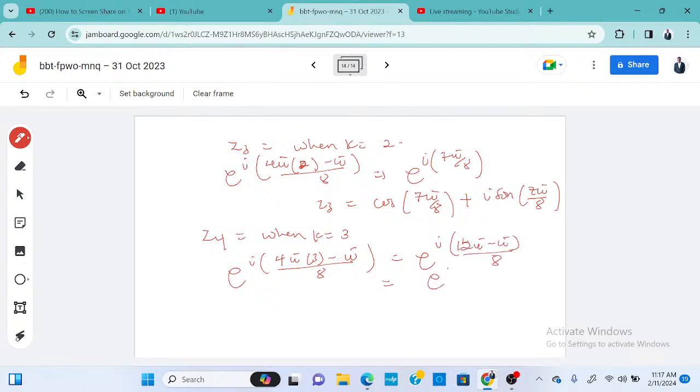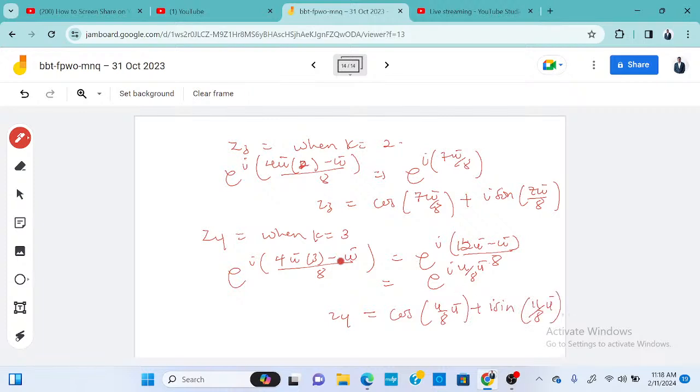Getting e to the power i 11 on 8 pi. So my fourth root becomes cosine of the expression 11 on 8 pi plus i sine of the expression 11 on 8 pi.